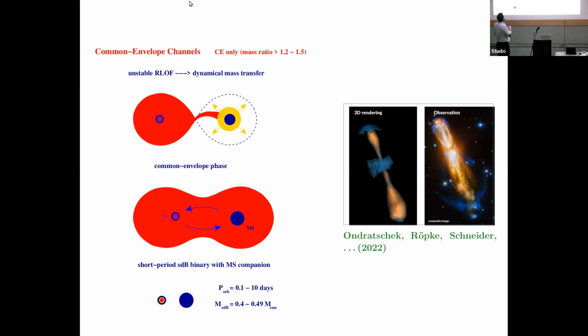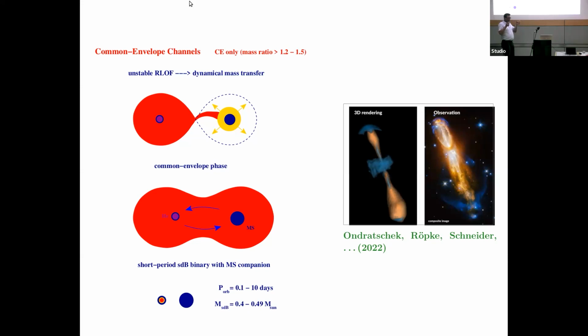Essentially, what happens is that you have a big star that swallows up the companion star. It engulfs the star, and then you have the core of the star and the companion star, but surrounded by an envelope from the giant. This envelope is obviously called a common envelope.